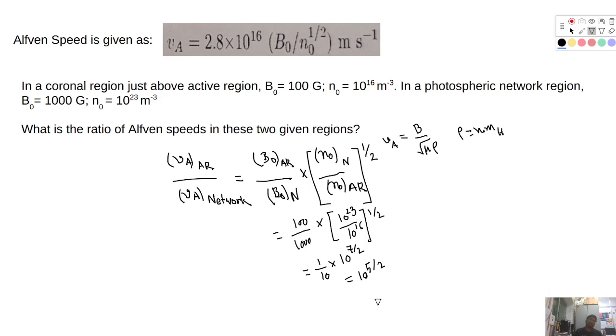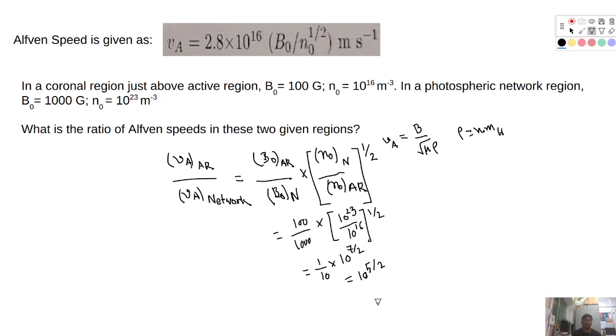Okay, so this will be the ratio of Alfvén speeds in these two regions. So you see, it depends upon both your background density and your background field, not on one more than the other. If in some region you have less density but higher magnetic field, and in another place you have higher density but lower magnetic field, they can have a similar kind of Alfvén speed, right?